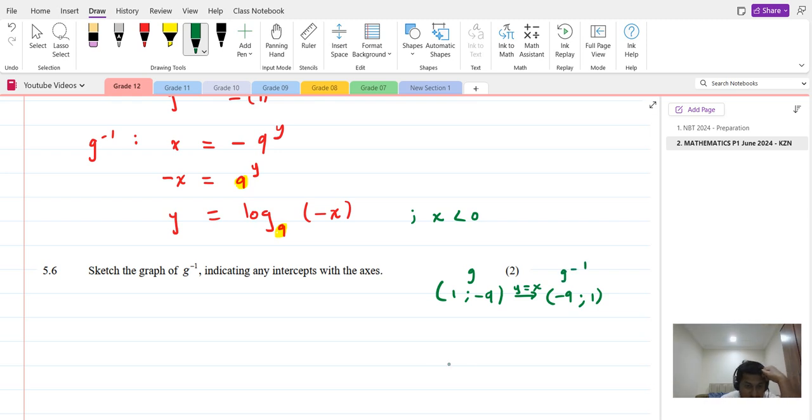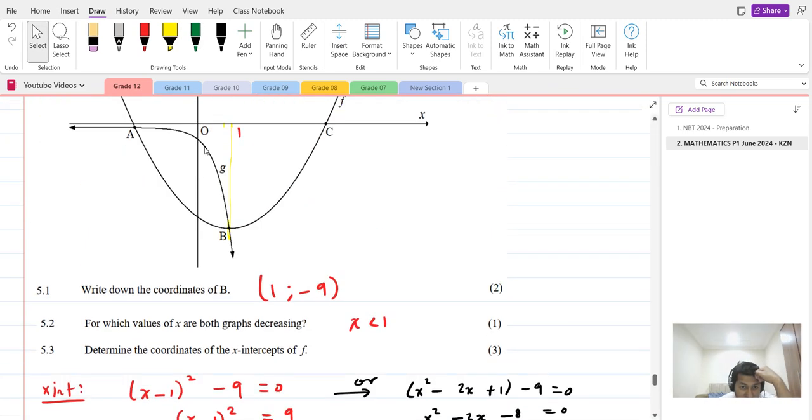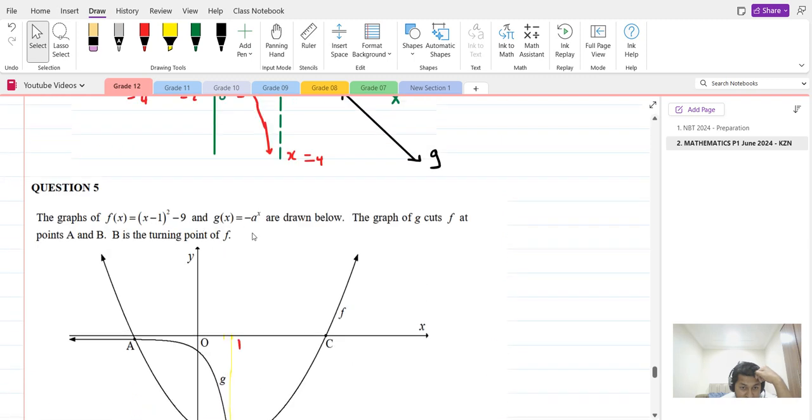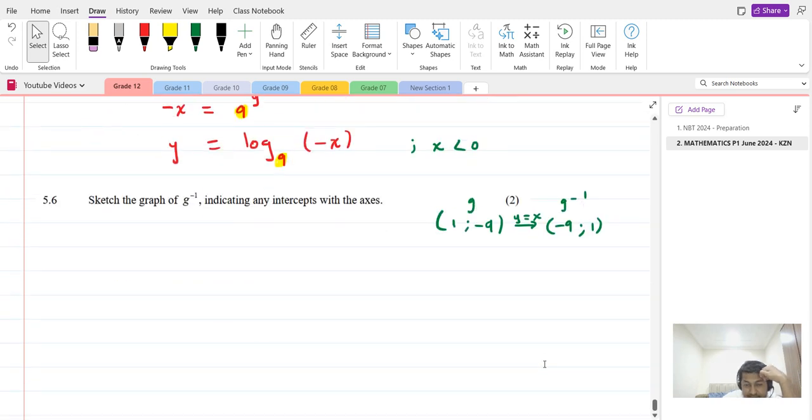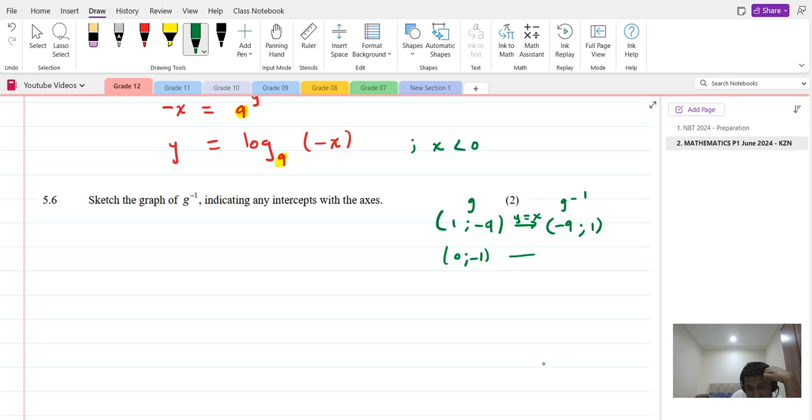If you choose another point on G, like the y-intercept, it goes through negative 9 to the power 0, so negative 1: (0, -1). We know that's on G. And so on G inverse, it will become (-1, 0). Let's look at these points.